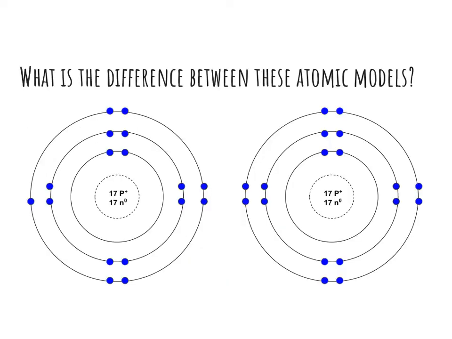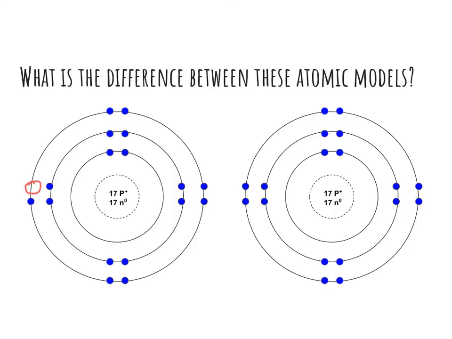All right, take a second and see if you can find out what is the difference between these atomic models. Really the only difference that you should see is that the one on the left is missing one of those blue dots.